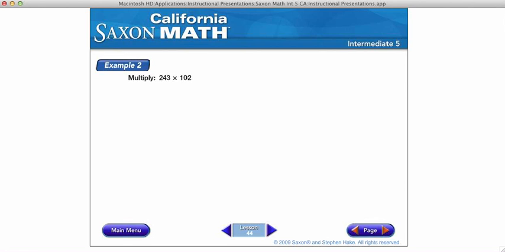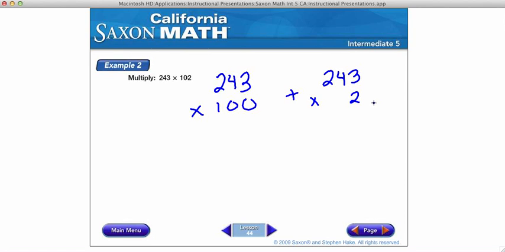So that problem would look like this: 243 times 100 plus 243 times 2. Okay, you would multiply both of these out and then add the products to get your sum. That's your other option.